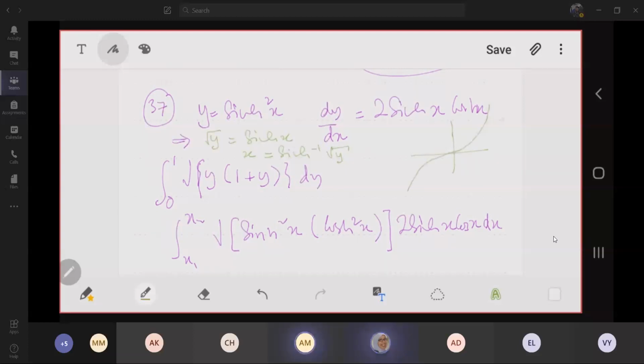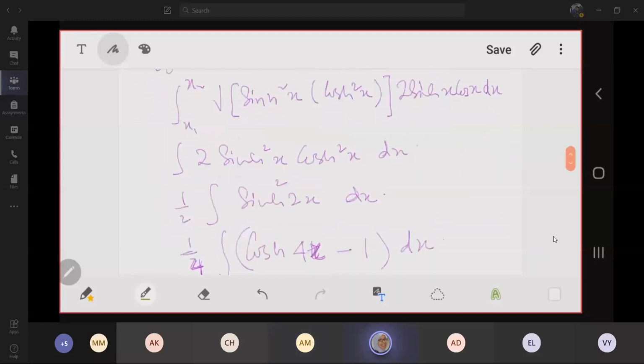Reflect it on y equals x. Okay, so you have it like that. So when y is equal to 0, when you put in 0, the value of x is going to be 0. So you get 0 also.